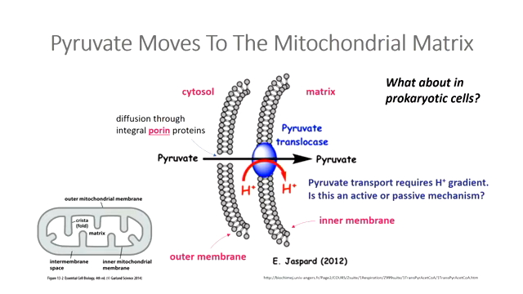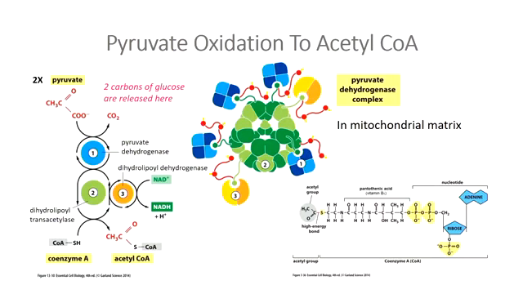It's utilizing a pre-existing potential energy source that was created by some other primary active transporter. So now our pyruvate's in the matrix. What's going to happen to it? Well, the first thing that's going to happen to it is we're going to split off a carboxyl group as carbon dioxide.